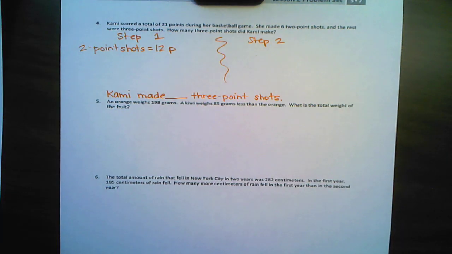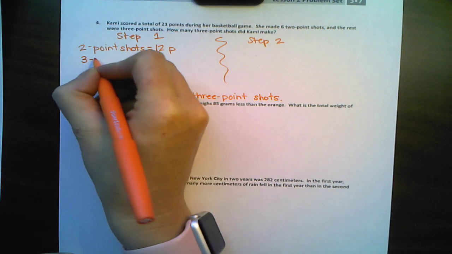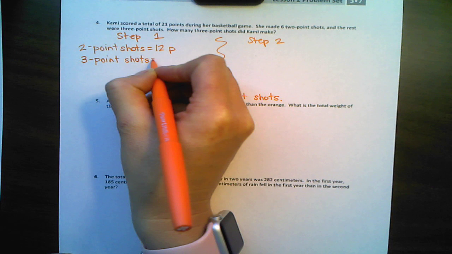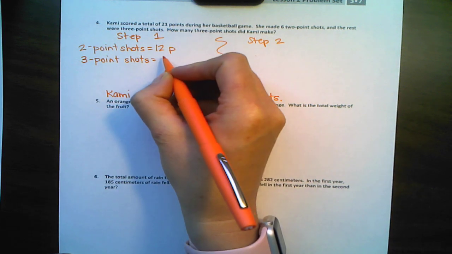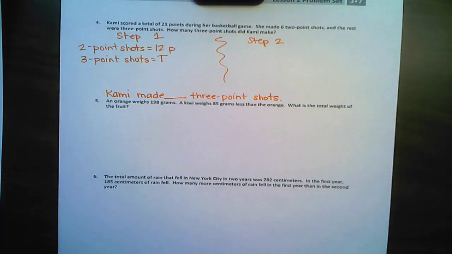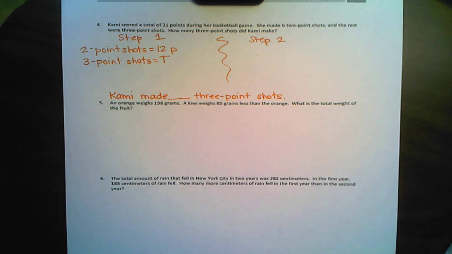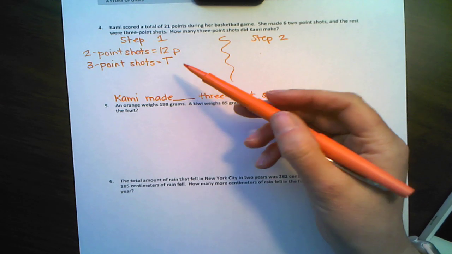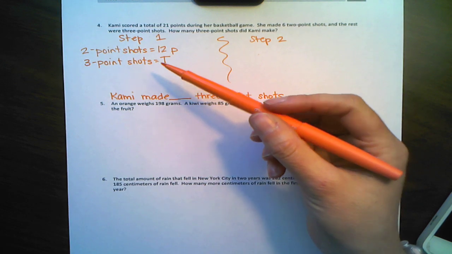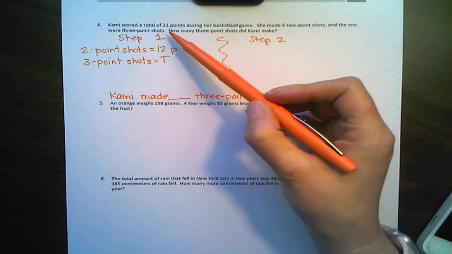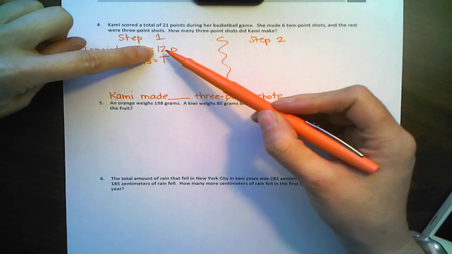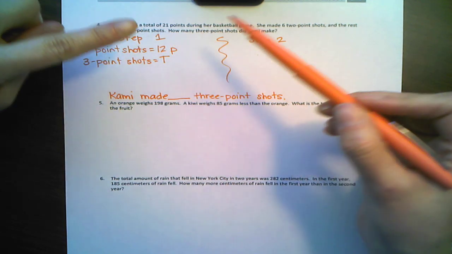So how many 3-point shots did she make? 3-point shots equals, let's just do T for 3, equals a mystery. And how are we going to figure that out? How can we figure out how many 3-point shots she made given what we know? We know she made a total of 21. We know that 2-point shots counted for 12 of those points.